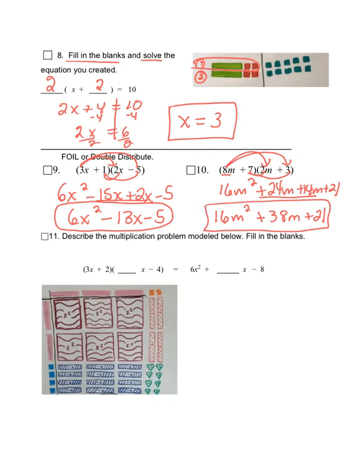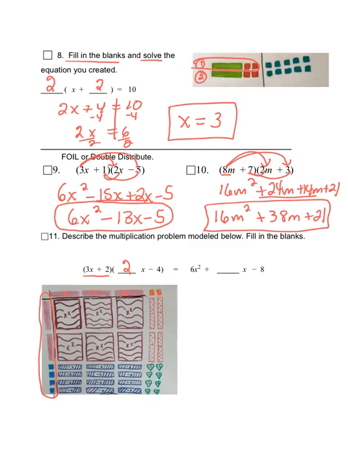Okay, now let's use the algebra tiles to examine the distributive property or FOIL. So you see here, this is x, x, x, so that's 3x plus 2. That's this side, then we're going to look down this side. So that is 2x minus 4.